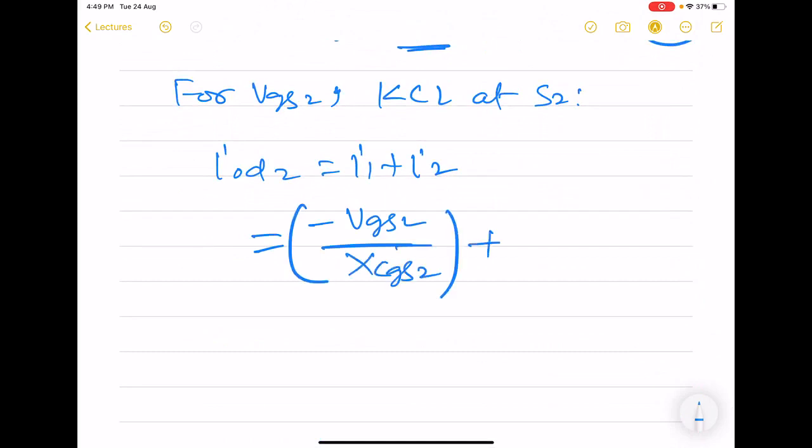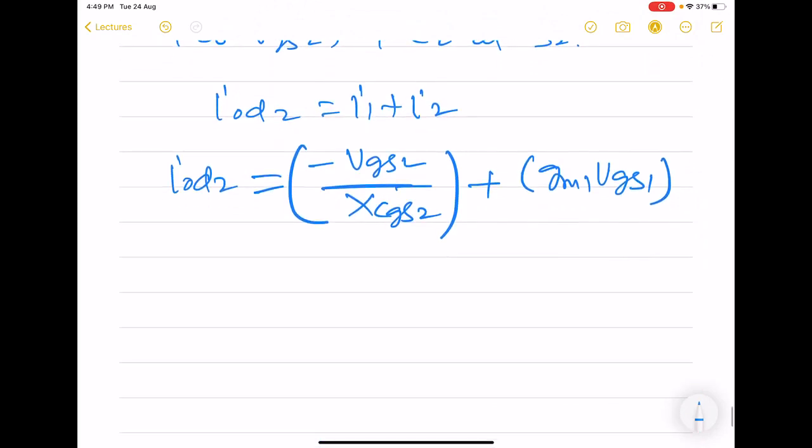This is I1 and I2 is gm1 VGS1. So here now we have to find out VGS1. We have set up the equation for VGS2, but now it involves VGS1 also. So we have to do something about VGS1.